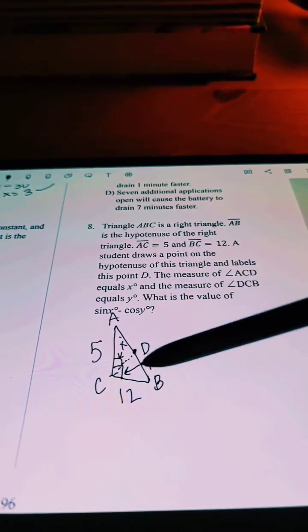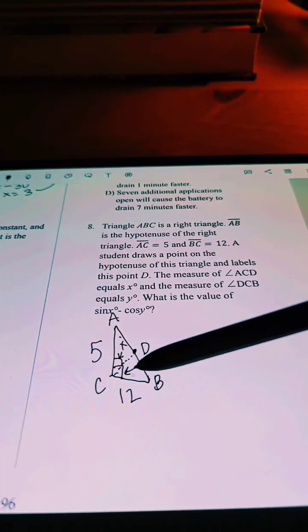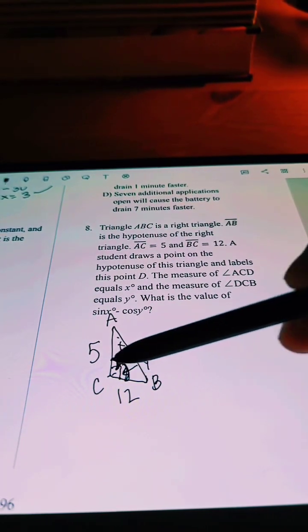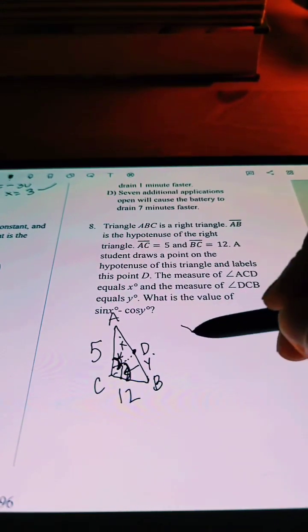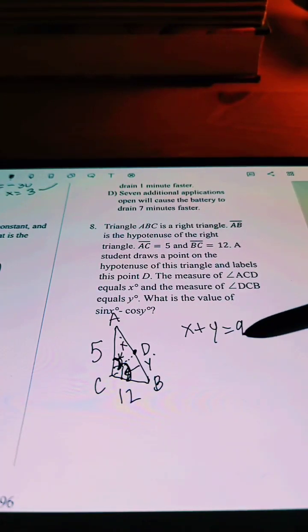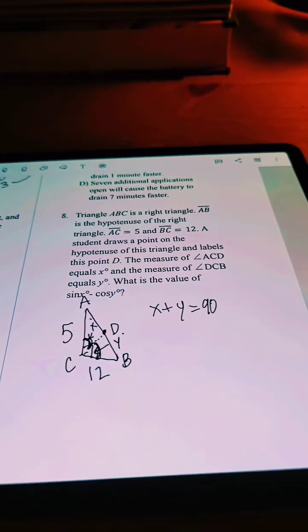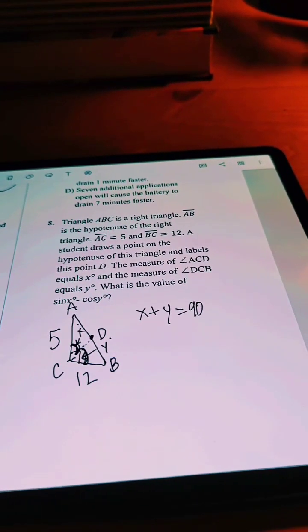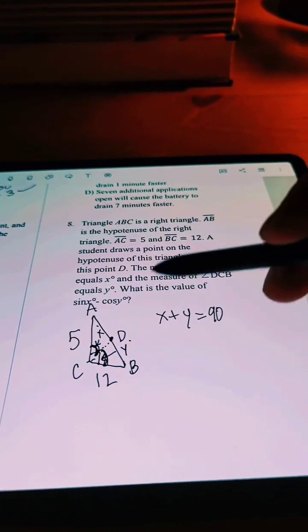So X and Y are both complementary angles because they both add up to a 90-degree angle. Like you have this portion right here plus this portion right here would be X plus Y, which add up to 90 degrees. So we know that they're complementary angles. That's important because there are some trig identities with sine and cosine that have to do with complementary angles that might help us out here.